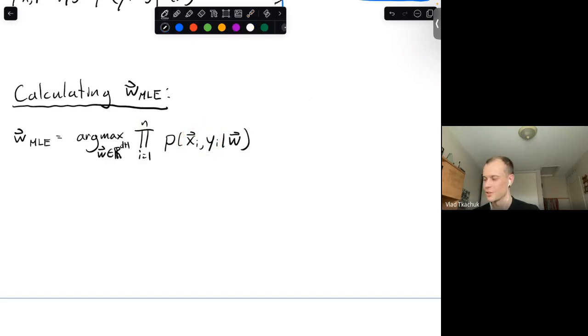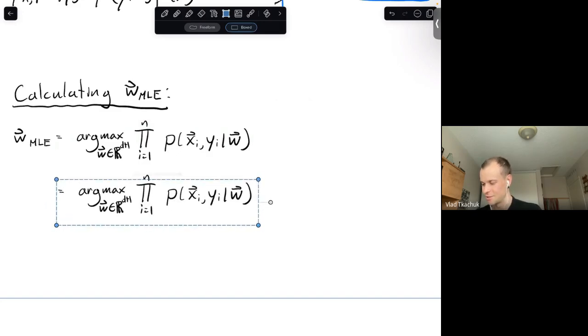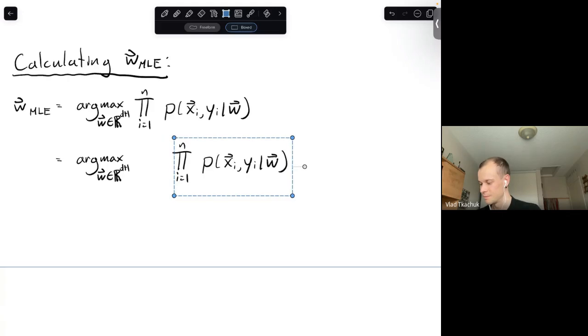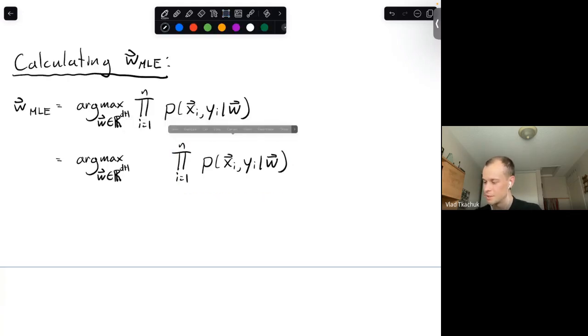Okay, let's solve it. And guess what we're going to do? We're going to do the exact same steps as before, so I'm not going to explain in as much detail. I start with this, and then I apply the logarithm, and the negative at the same time. Argmin, or the negative log.